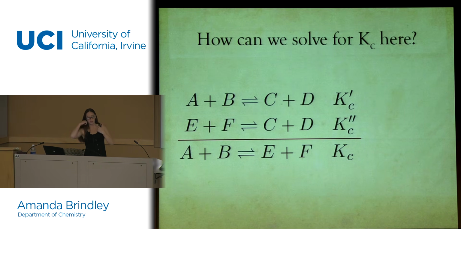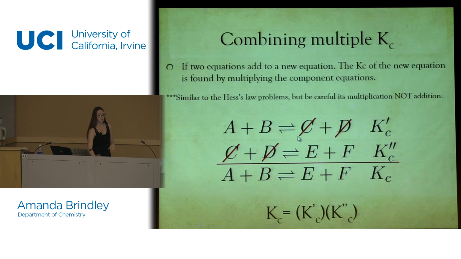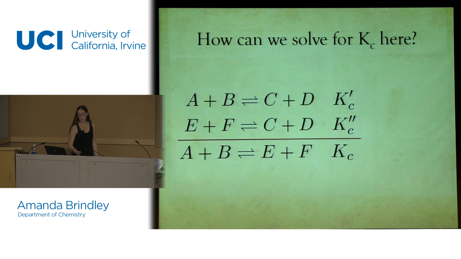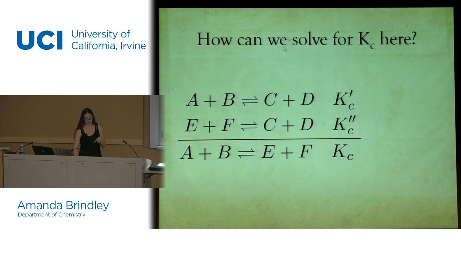Okay, but what if we have a different situation? What if I don't give you these nice equations that add right together and equal the final one? Now we have to do a little bit of adjusting. Here we have something very similar, but let's look at the difference. We have AB goes to CD, and then we have EF goes to CD. If we add this up, we have AB, EF goes to 2 C's and 2 D's. It's not what we want.